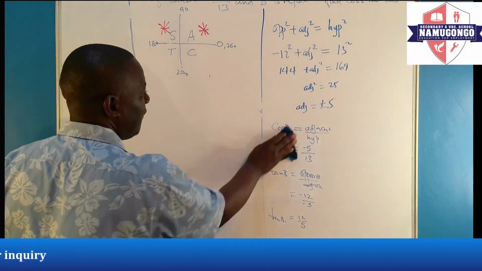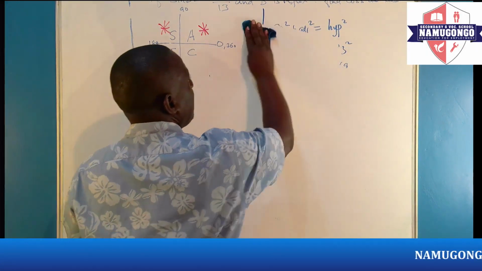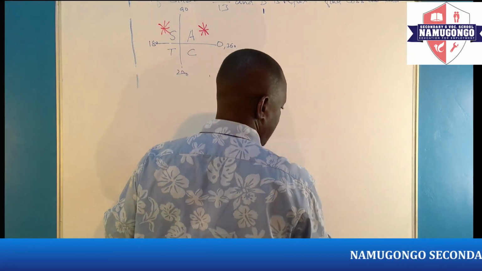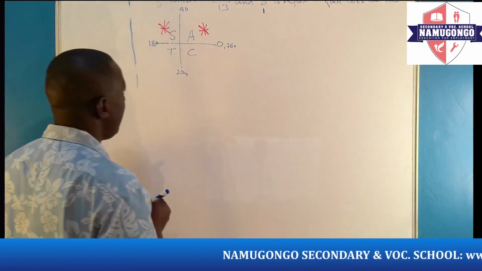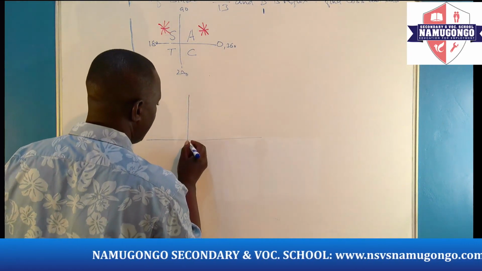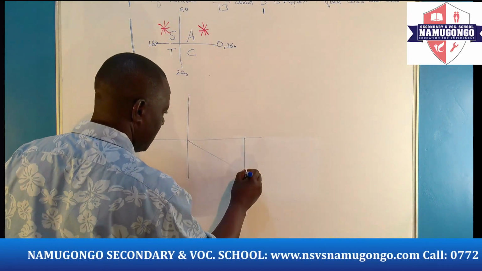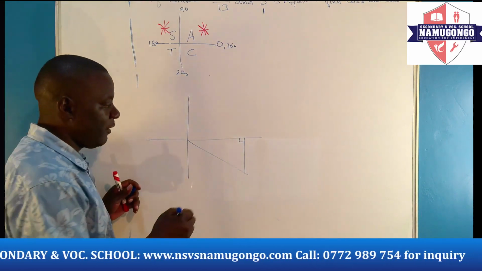What if you sketch it in the fourth quadrant? What happens? If I sketch it in the fourth quadrant, my sketch will be like this. Still the 90 is on the y-axis.